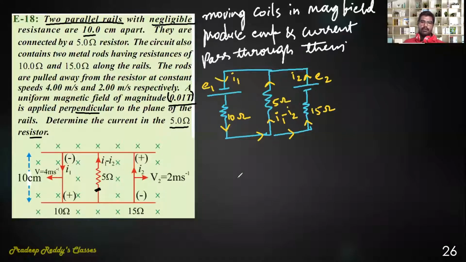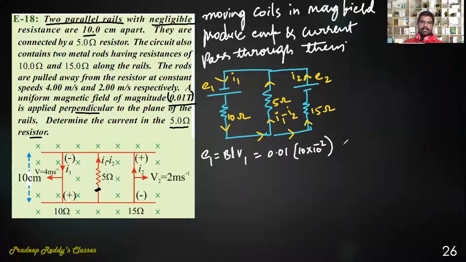So first let me write down what EMF E1 is. E1 is equal to BLV1. L is the length of the conductor, B is the magnetic field. Magnetic field is given as 0.01 Tesla. L is the length of the conductor, separated by a distance of 10 into 10 power minus 2 meter. I am converting it into meter.